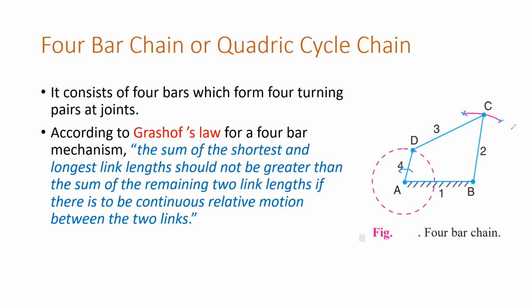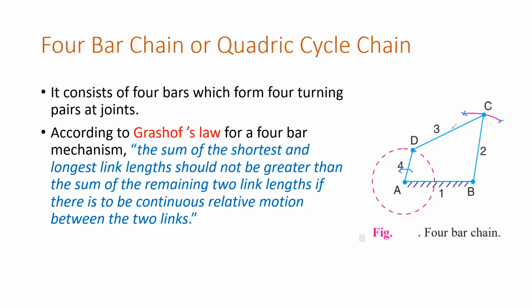So link 2 will oscillate between these 2 points only. This link 2 is known as the oscillating link, or rocker or follower, because most of the time link 2 is the output link. So link 2 is known as follower, rocker, oscillating link, or lever.